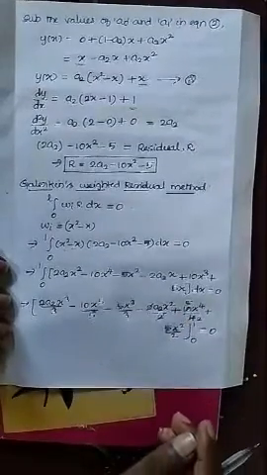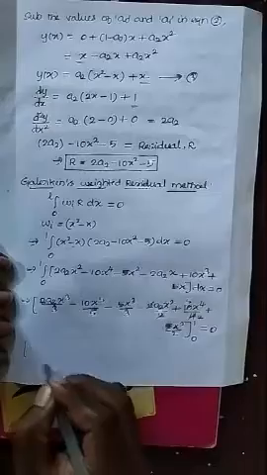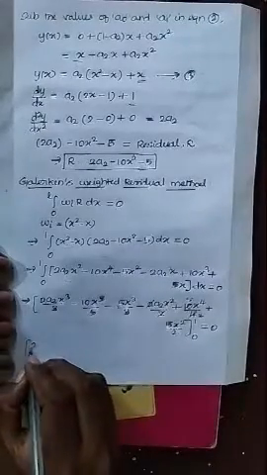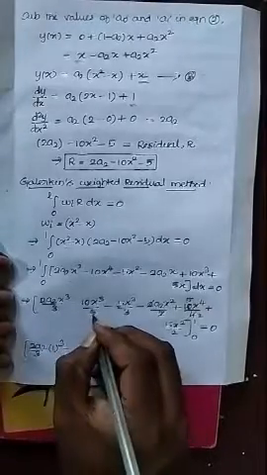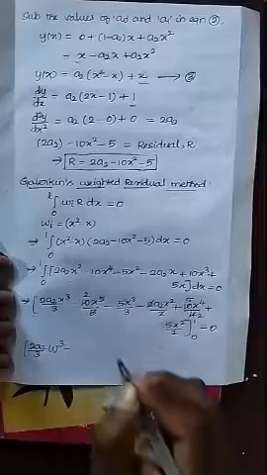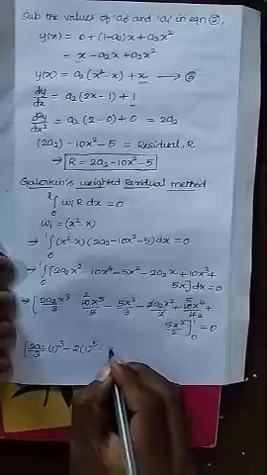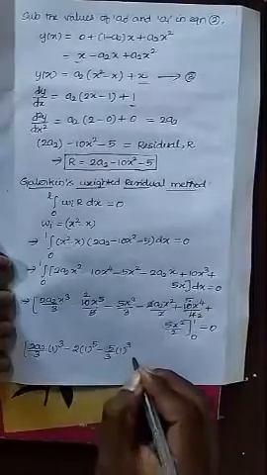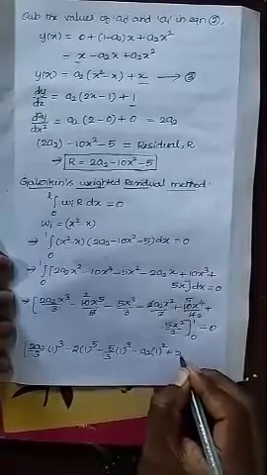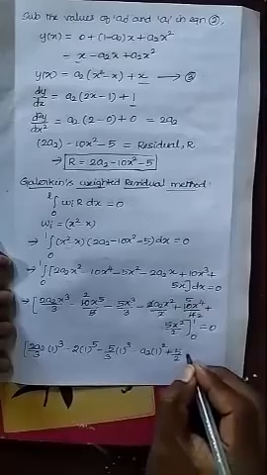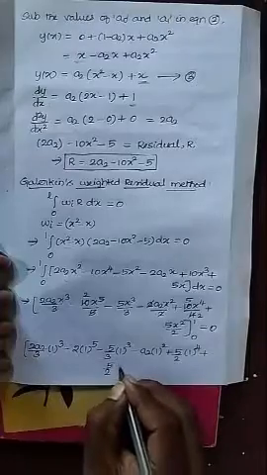In the next step, we can substitute the limits. First, substitute the upper limit in the function, that is x is equal to 1. So 2a2 by 3 into 1 cube, minus, here also we can cancel this 10, so this will be 2 into 1 power 5, minus 5 by 3 into 1 cube, minus a2 into 1 square, plus 5 by 2 into 1 power 4, plus 5 by 2 into 1 square.